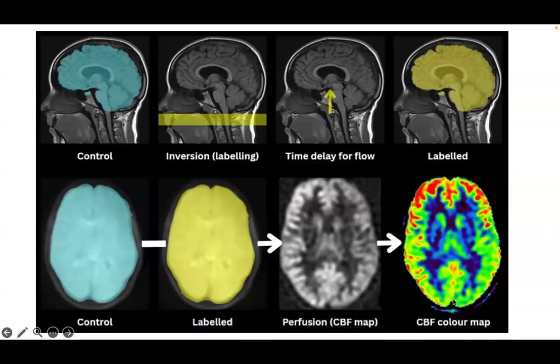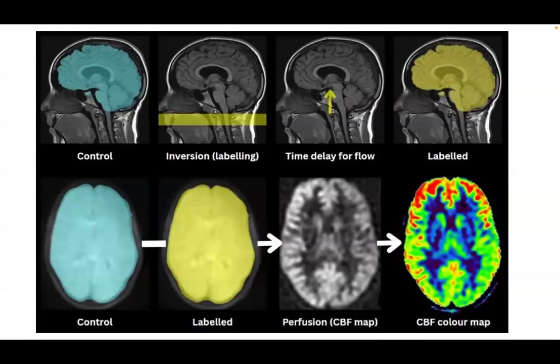Because of that, this may not be very useful for differentiating between diffuse Lewy body disease, Alzheimer's and so on. So you have to keep the patient's eyes closed and do it in the neutral position without any head tilt, and a lot of parameters have to be observed. Many times technologists will not be very careful. The radiologist has to sit there and do this, and even then, in some patients it will not be possible. So we should know the limitations.